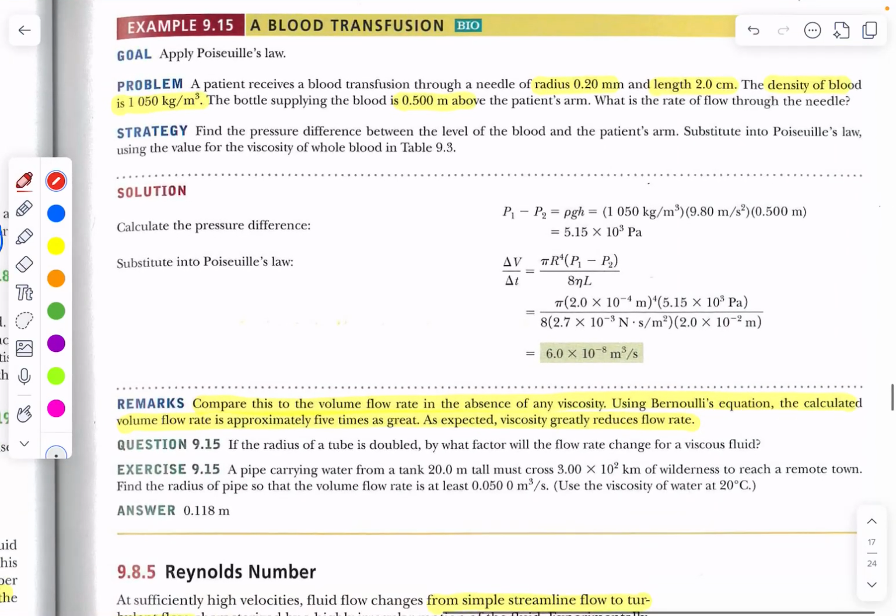Here's a problem having to do with a blood transfusion. You can see the data that's given to you in the problem: the radius of the needle, the length, and the density of the blood would be given to you, and it could be measured by other devices. Then your bottle of blood or your bag of blood would be about half a meter above the patient's arm so that it's gravity fed.